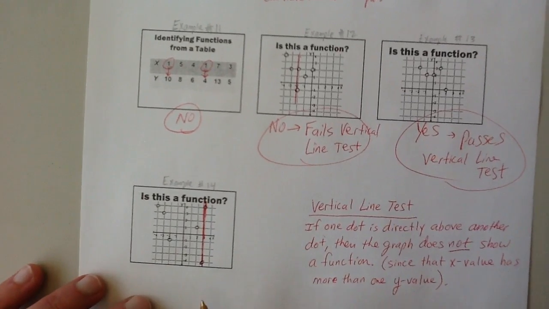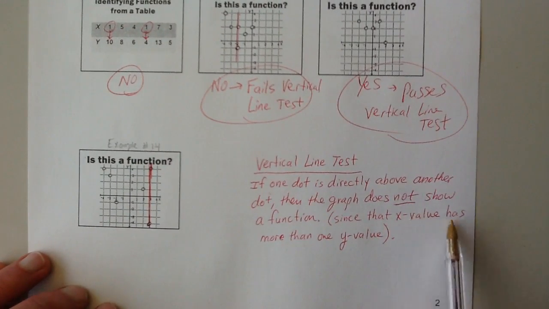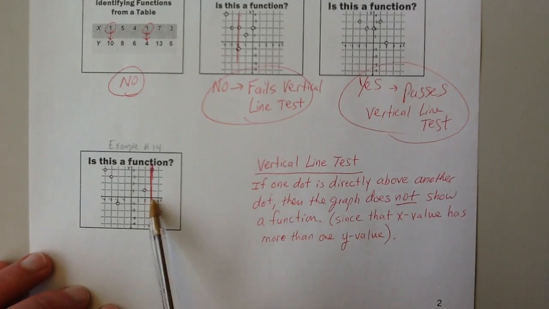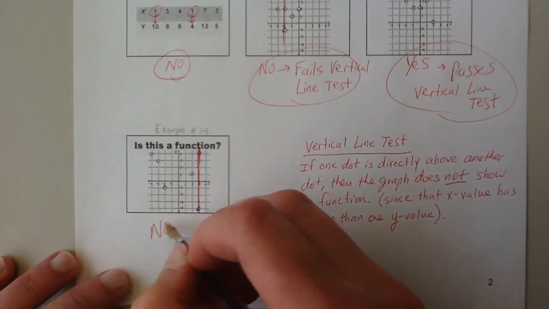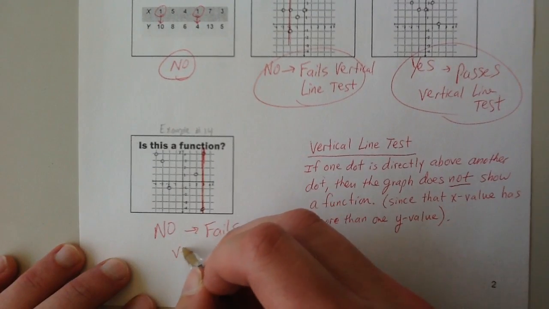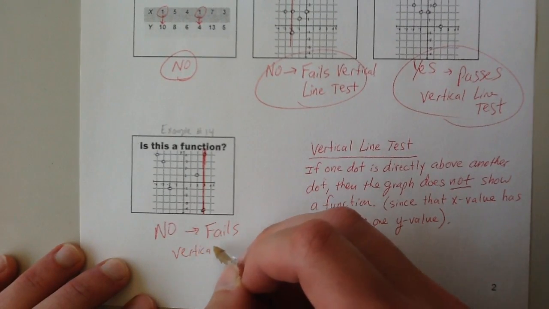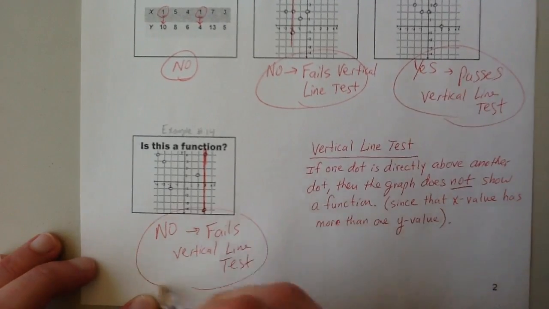So that means that it fails the vertical line test since that x value, which here is 3, has more than one y value. All right, so that means no, it's not a function because it fails the vertical line test. And circle that.